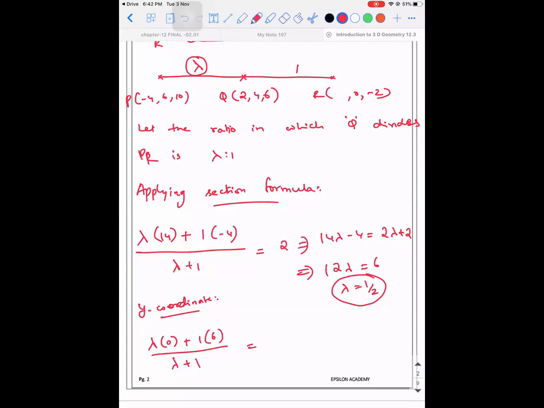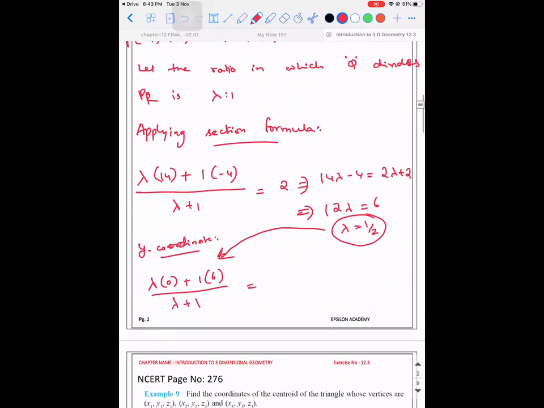It should be equal to 4, right? But we are not going to equate it to 4, because then I'll get the value of lambda as half. Instead, I will substitute the previously obtained value of lambda here and verify that it comes out as 4. So if I substitute lambda as 1 by 2, then 6 divided by 1 by 2 plus 1 is 6 divided by 3 by 2. Is it coming out as 4? Yes.